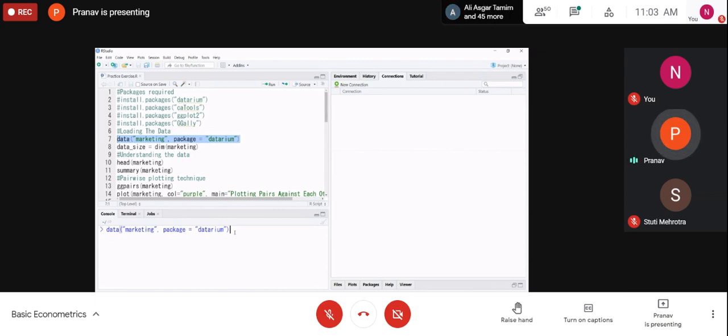After that you call the library function. That is, you have installed these packages. These packages are there on your app, but you call those packages from the library function.